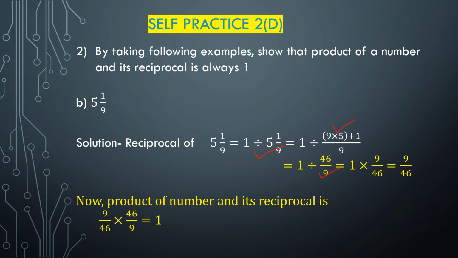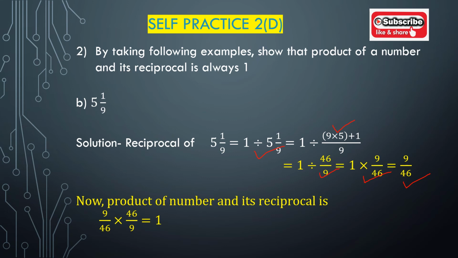Just multiply with the reciprocal of this fraction 46 divided by 9, that is 1 multiplied with 9 divided by 46. Just interchange, reverse the numerator and denominator: the numerator changes to the denominator and the denominator changes to the numerator. So 46 divided by 9 becomes 9 divided by 46. Now we get 1 multiplied with 9 divided by 46, that is 9 divided by 46. Multiplying a fraction with 1, we get that fraction.